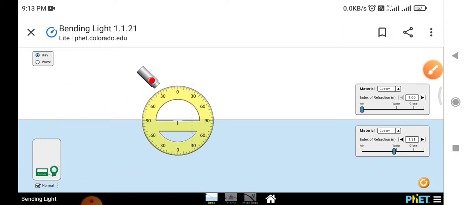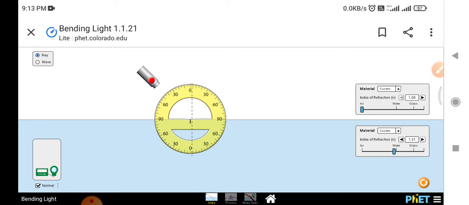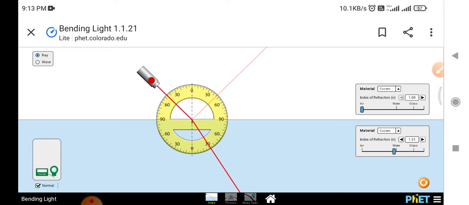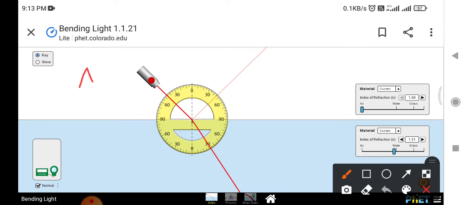And I took the protractor and kept it here. Using this we can measure the angle of incidence. So when I switch on the light source, the light bends towards the normal because this is an air medium and this is a water medium.